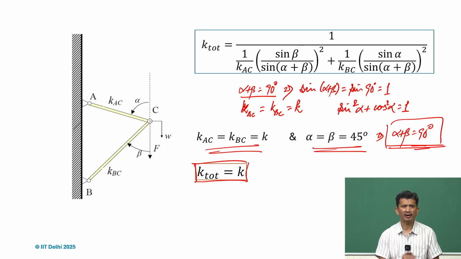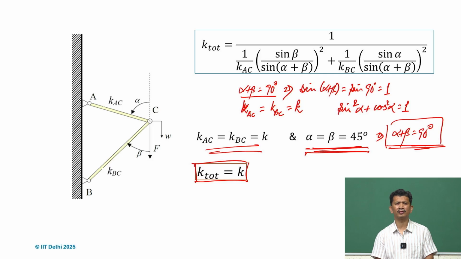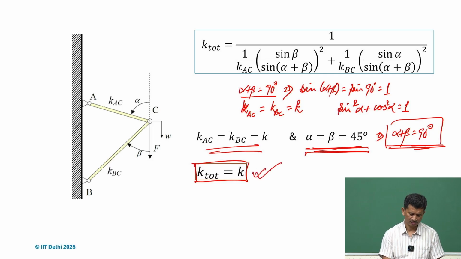So, we will get the most optimized value, or in terms of material use we will get the stiffest configuration. That is why alpha equal to beta equal to 45 degrees gives the optimum result. And in this case the effective stiffness will be K.